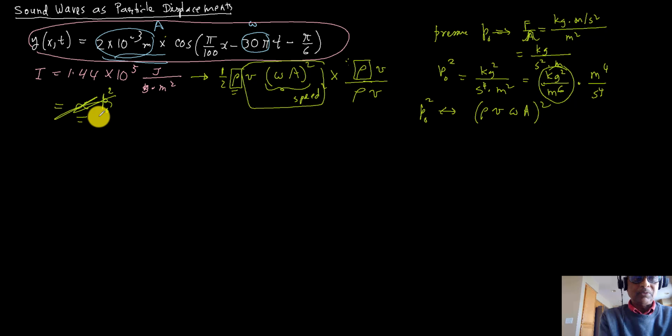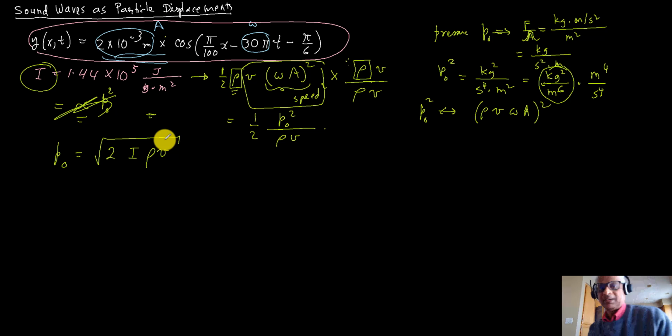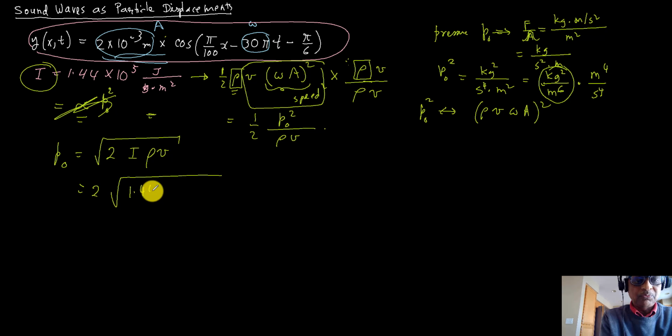So if we do that, let's call this guy half P0 squared over rho V. So the intensity becomes that, and so P0 is equal to the square root of 2 times intensity times rho V. And from there I can get this: 2 times the square root of this number, 1.44 times 10 to the power 5.